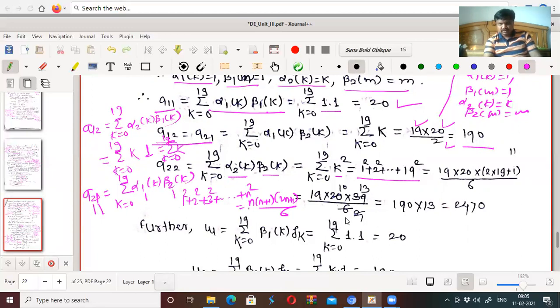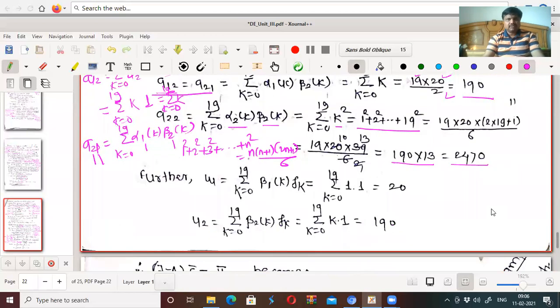Here 3 2s are 6 and 13 3s are 39. Then 2 10s are 20. So that is 190 into 13, which is 2470.